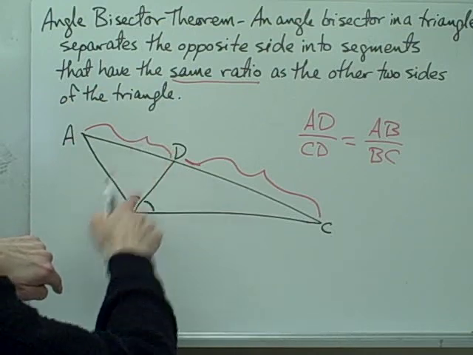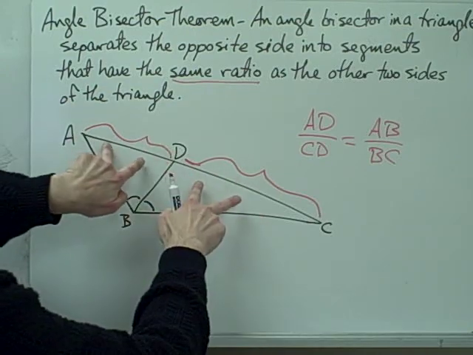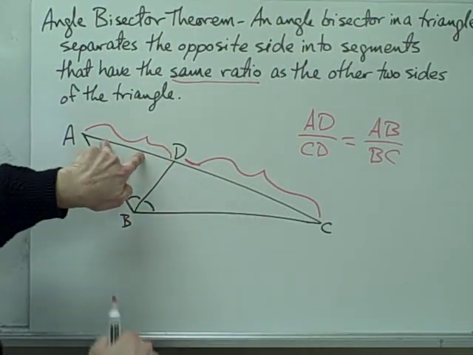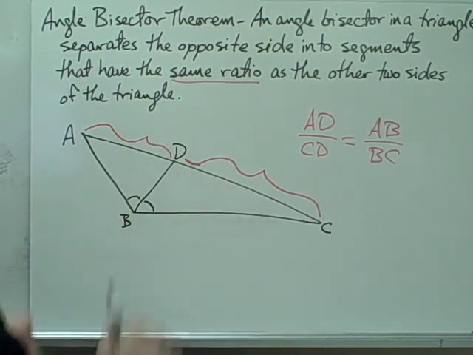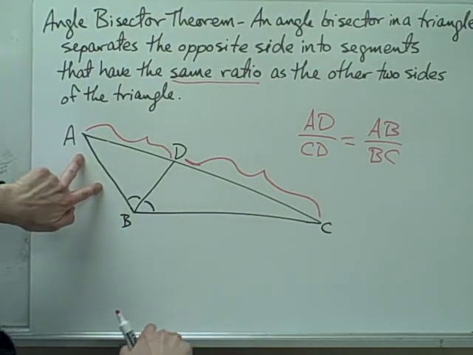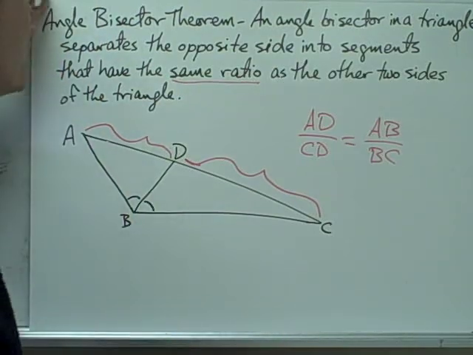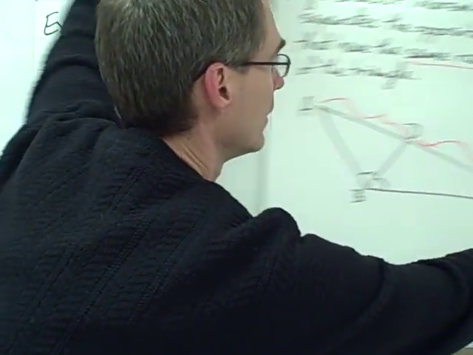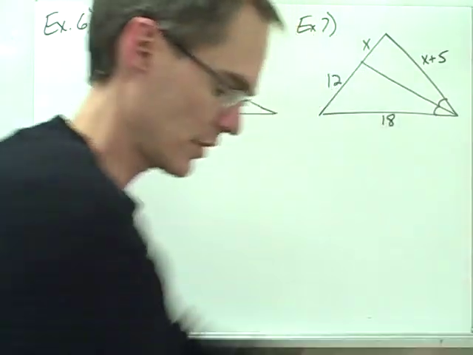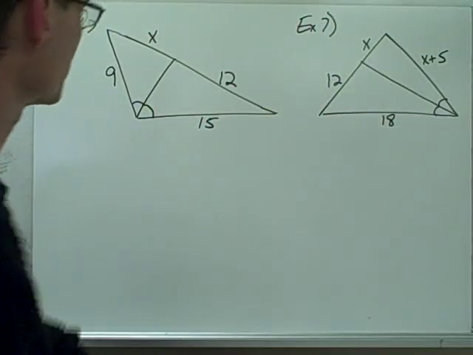This angle bisector separates this opposite side into segments that have the same ratio, AD to CD, as the other two sides of the triangle, AB and BC. So let's take a look at how we would use this theorem to solve the problem. Example number 6.